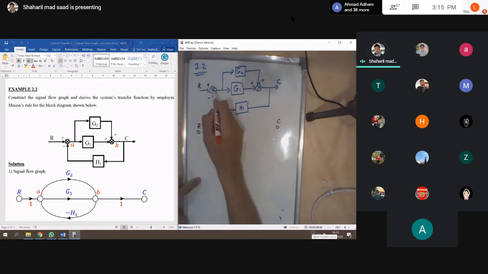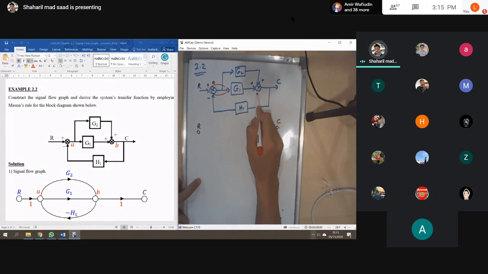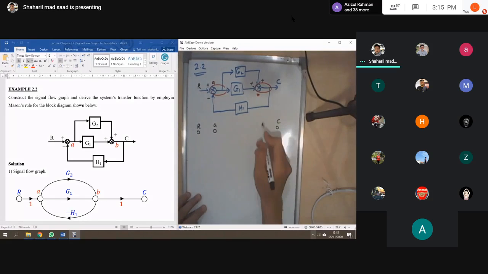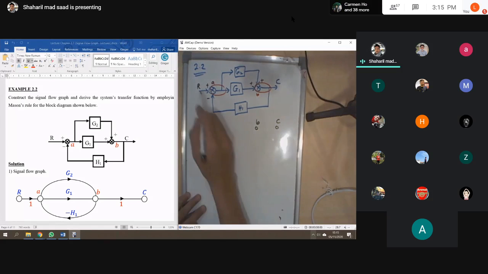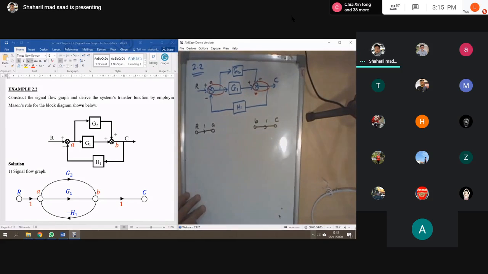Done. Then identify the nodes. So this one is summation A. And then you find the junction here. You can combine. And then this is B, and at B you find one junction here. You can also combine. So only 2 nodes: this one A, and this one B. From R to A here is 1, from B to C is 1.